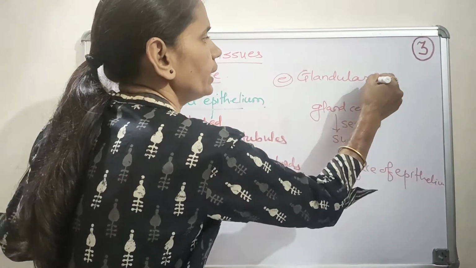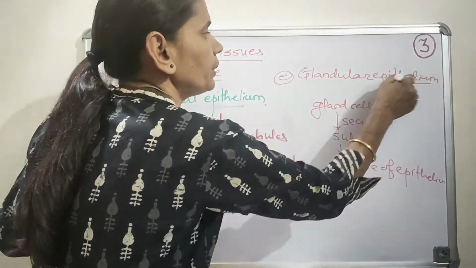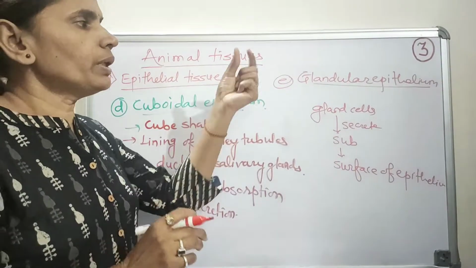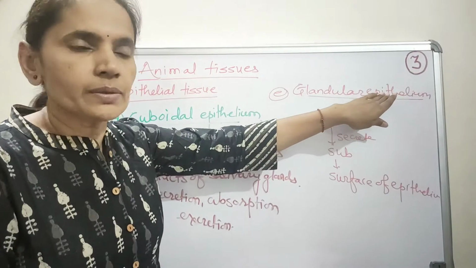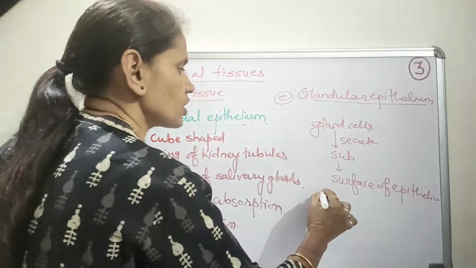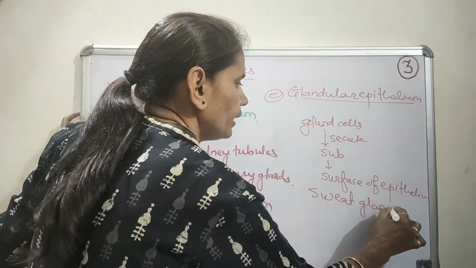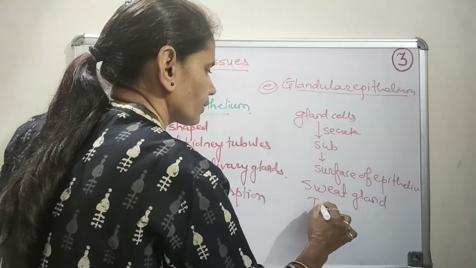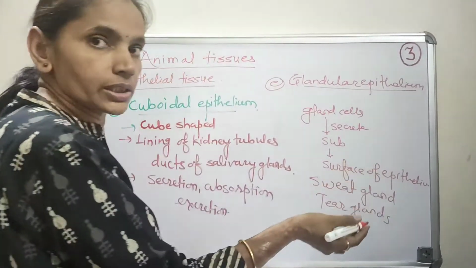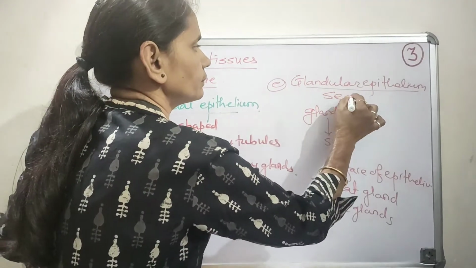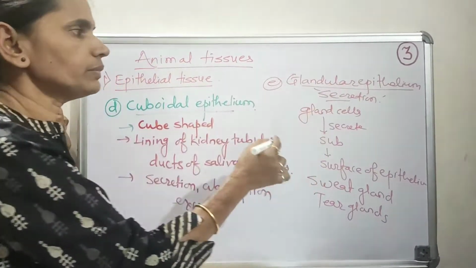So what is glandular epithelium? It is just the inward folding of epithelial tissue to form a multicellular gland. Where is this glandular epithelium present? It is present in sweat glands as well as tear glands. So obviously the function of the glandular epithelium is secretion.